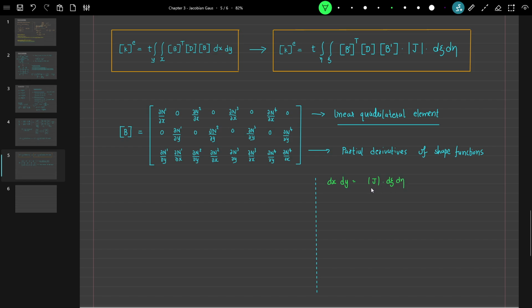So what exactly is the Jacobian? J is basically a shape or size factor.